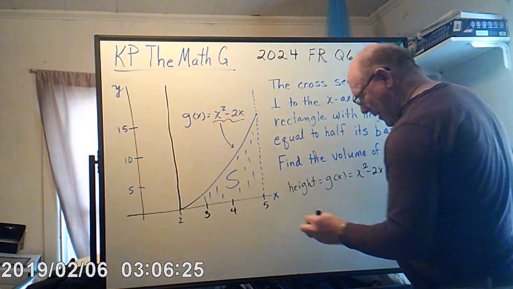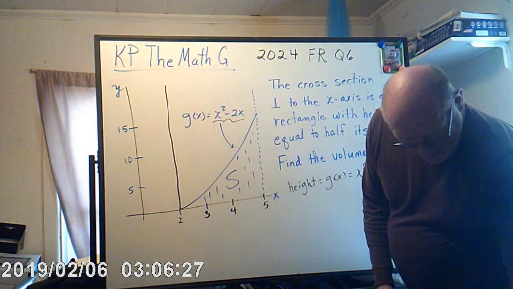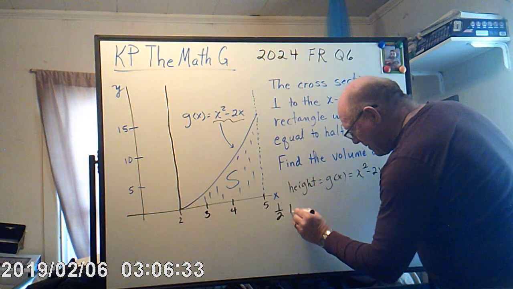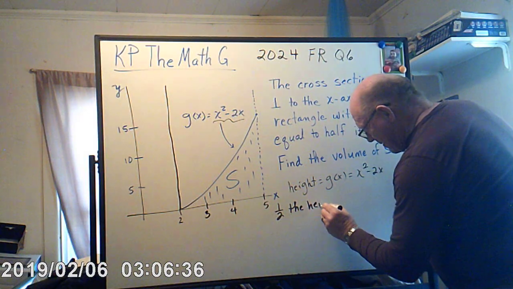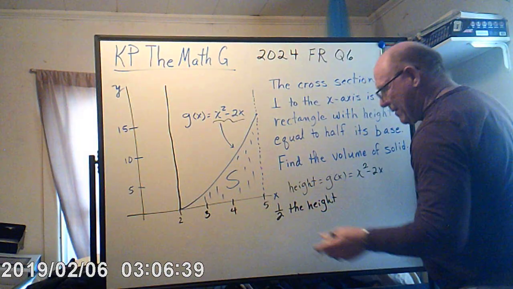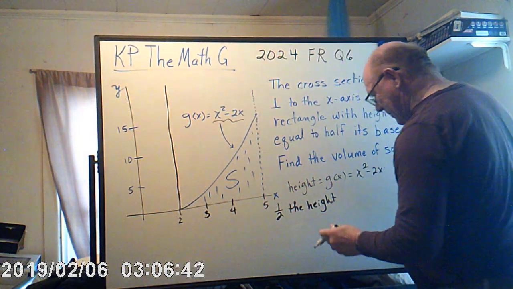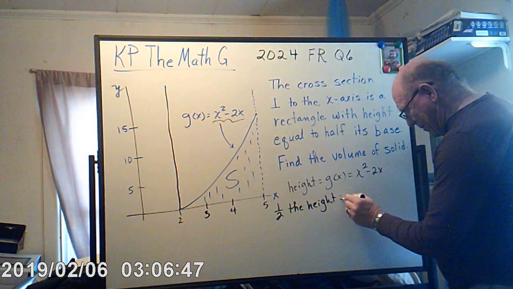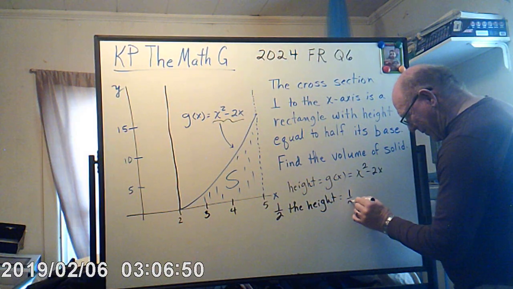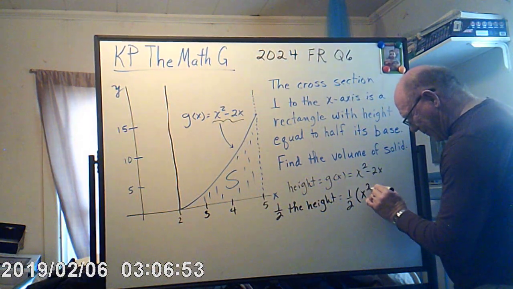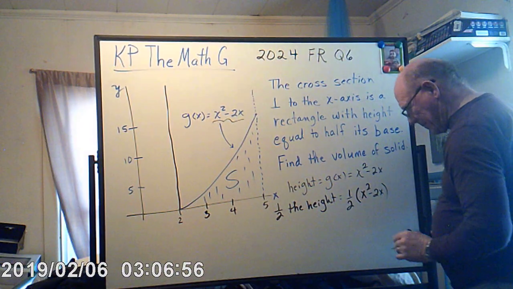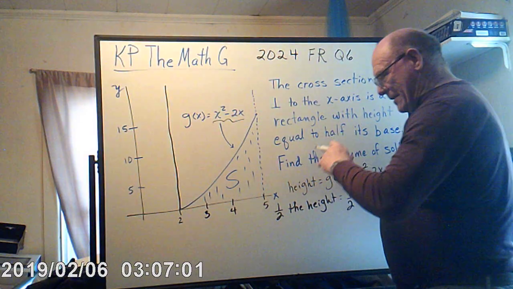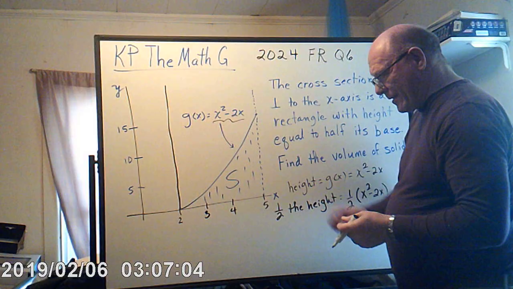So 1/2 the height is the base. Now when you're dealing with volume, you're dealing with base times the height times thickness.